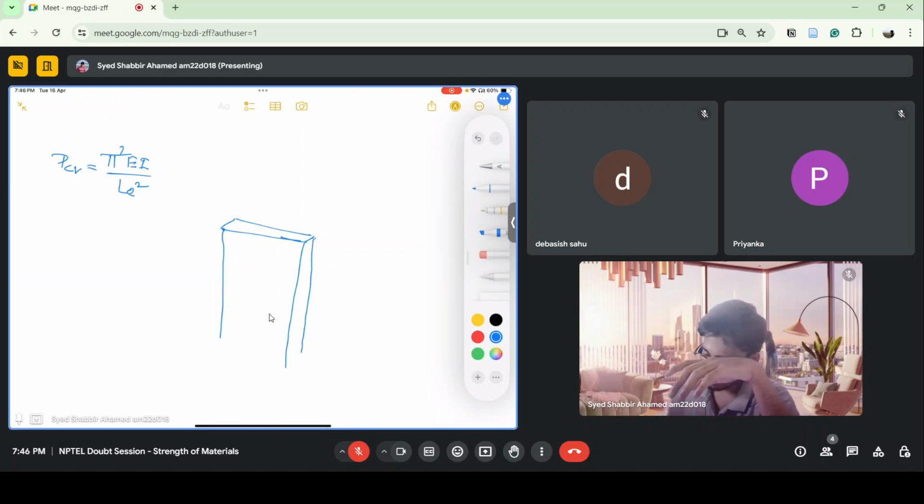So I have a column like this. My orientations I will take like this. Let's say this is x and this is y and this is z. So the cross section is present in the xy direction.